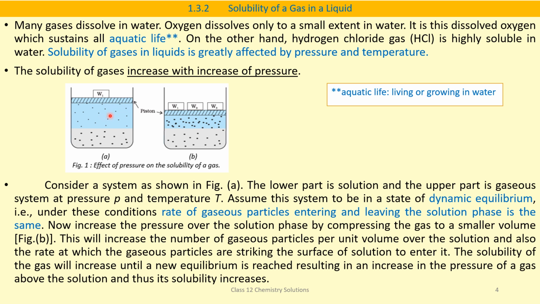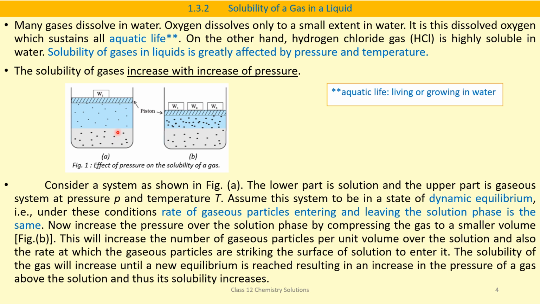That is, the process is reversible and forward and reverse actions are possible. Under these conditions, the rate of gaseous particles entering and leaving the solution is the same.